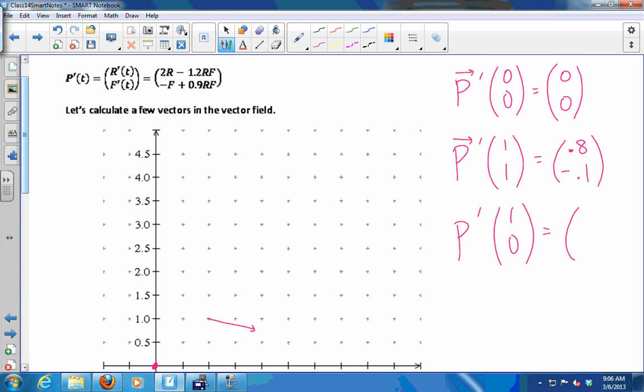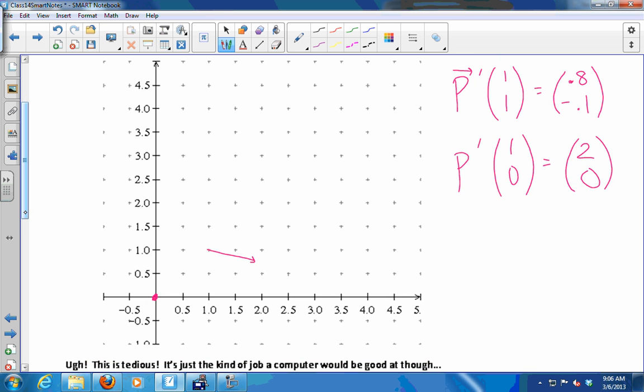So if I plug in 1 for R and 0 for F, I get 2, and with 1 for R and 0 for F, the second component is 0. So at the point 1, 0, I draw the vector 2, 0. Right here, I'm going to draw a vector that goes right 2 and down 0. So it looks like this.